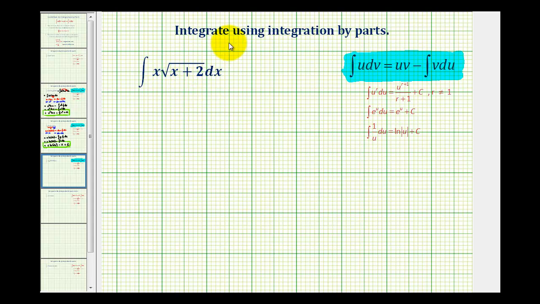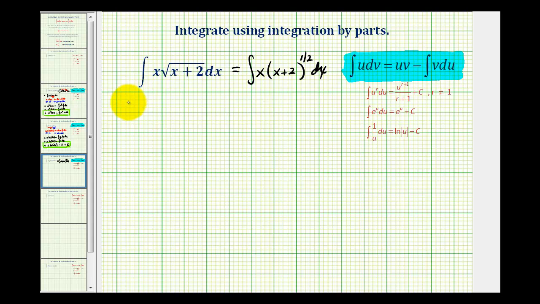But before we set this up, let's go ahead and rewrite this as the integral of x times the quantity x plus 2 to the 1/2 power dx. So notice how if this x wasn't here, we could actually integrate this using u substitution. So if we let u equal x, notice that differential u would just be 1 dx.